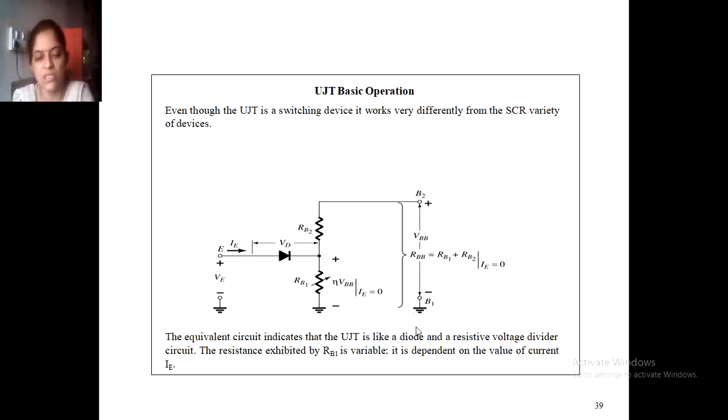The resistance exhibited by RB1 is variable. It depends on the value of current IB. Here we have RB1 and RB2, and the output is taken out for processing.